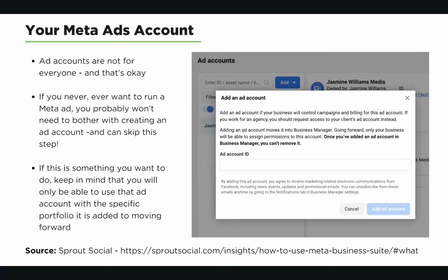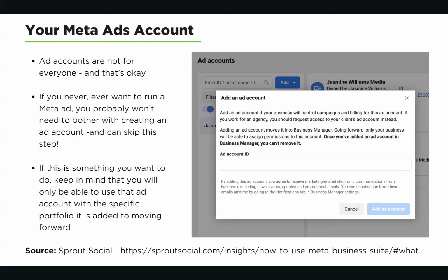When you click to add a Meta ads account into your business portfolio, a box like this is going to come up. And this is basically just letting you know that if you have an existing ad account already and maybe it's tied to something else, once you add a Meta ads account into Business Manager, that can't be removed.